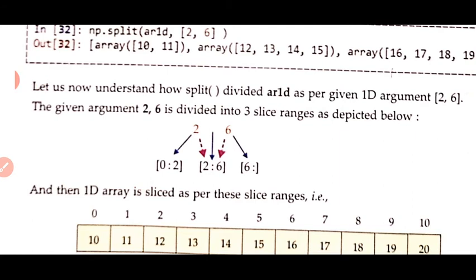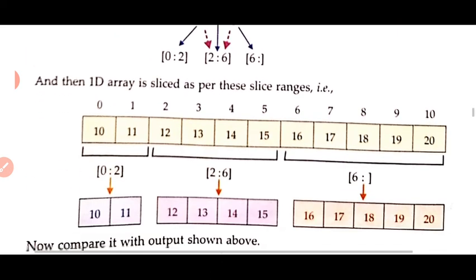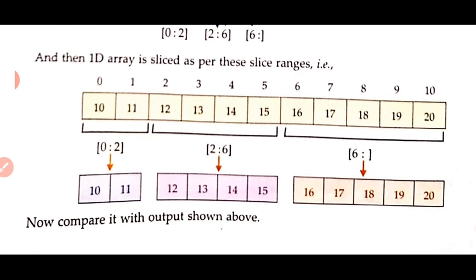These numbers are index values: index 0 to index 2. According to index rules, whenever we use index values, it always shows last minus 1. So in the first slice, index 0 to 2 minus 1 means 0 and 1, which means 10 and 11 is the first subset.